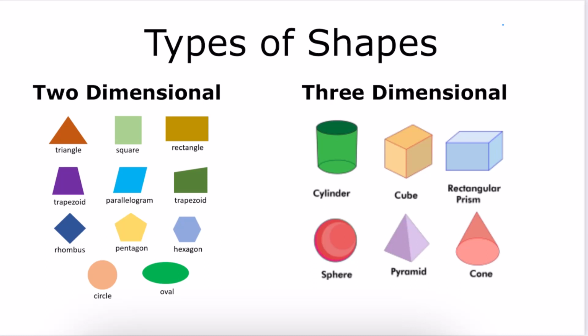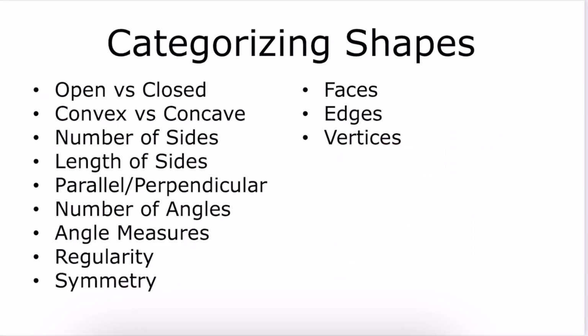So this is the first key categorization of shapes, the difference between two-dimensional shapes and three-dimensional shapes. And then within these two types, there's lots of different ways that you can decompose the shapes and categorize them. So you can have open and closed shapes, convex and concave shapes.